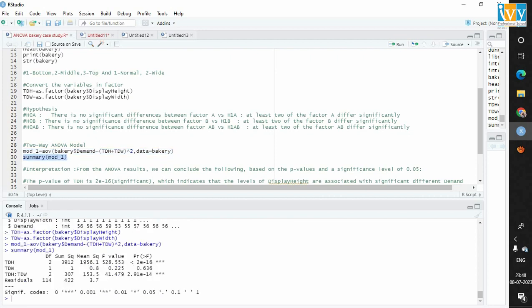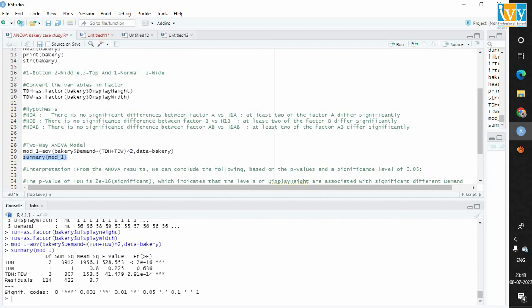Okay, so we have got the summary with degrees of freedom, sum of squares, mean sum of squares, F value and the p-value. So now let's find the interpretation of this summary table. We have fitted our two-way model to the data set, regressing the demand variable on both DH and DW factors and their interaction. The ANOVA results reveal some very interesting insights.